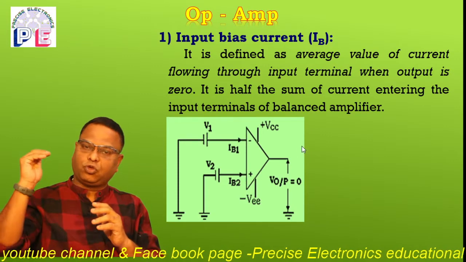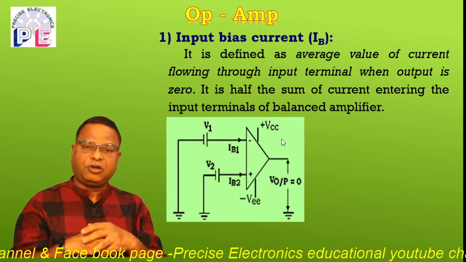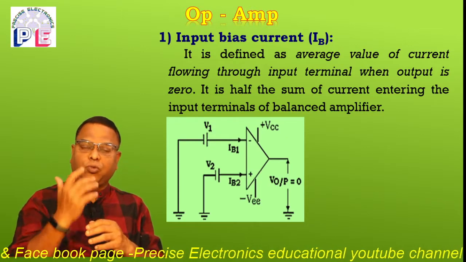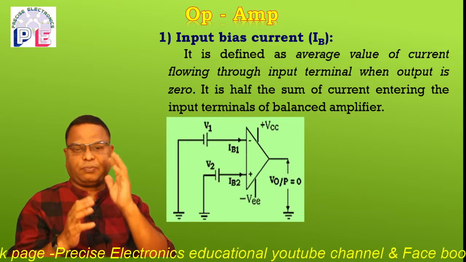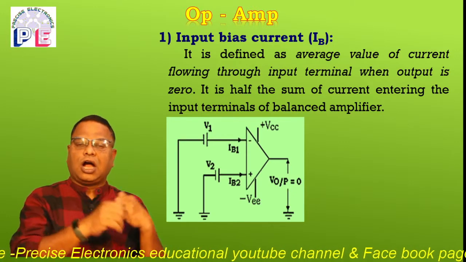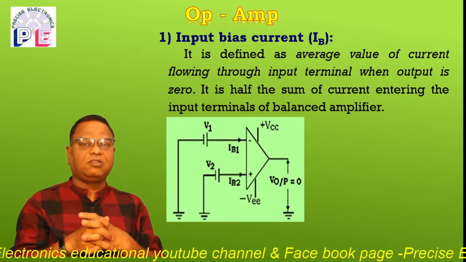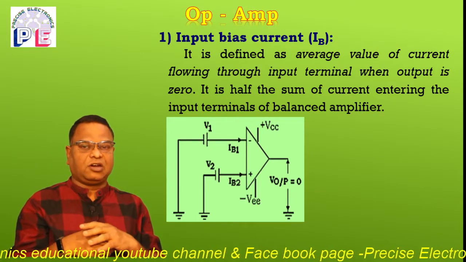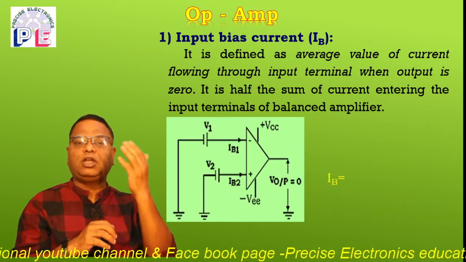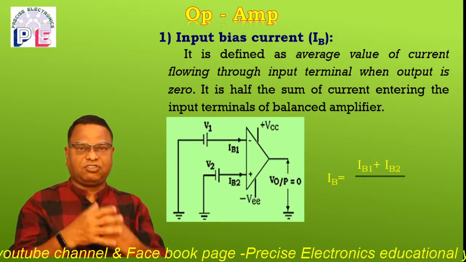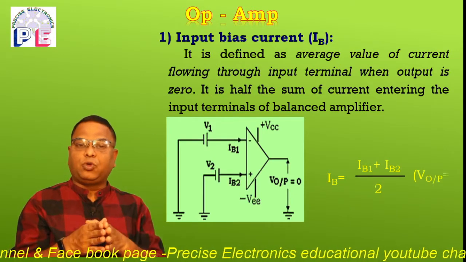IB1 is the current flowing through the inverting terminal while IB2 is the current flowing through the non-inverting terminal, because of the input potentials V1 and V2 respectively. Output at this stage will be 0. So IB, the input bias current, is equal to IB1 plus IB2 divided by 2. It is an average, or half the sum of the input currents, when the output is 0.